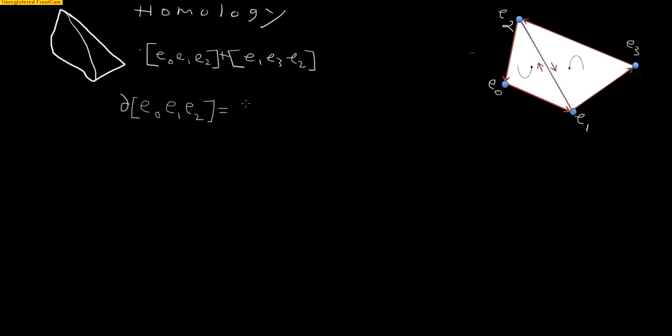I'm going to write it as E0, E1, E2, I'm going to put a hat here. I will explain to you what this is.